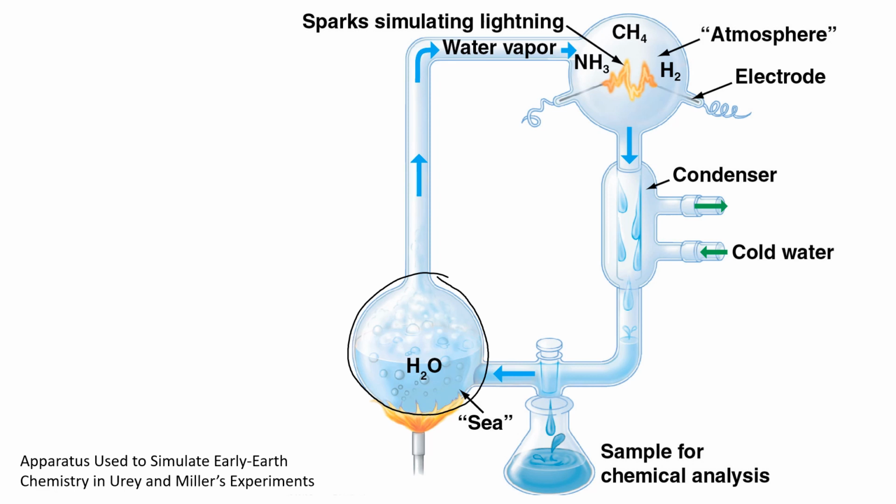The sea is heated, and there would have been a high temperature on this early planet. And so you would have water vapor. The water vapor then travels up through this apparatus and goes to the atmosphere of the apparatus, so on the planet. In the atmosphere, there is ammonia, there's methane and hydrogen gas, H2. There are sparks from electrodes that are mimicking lightning.